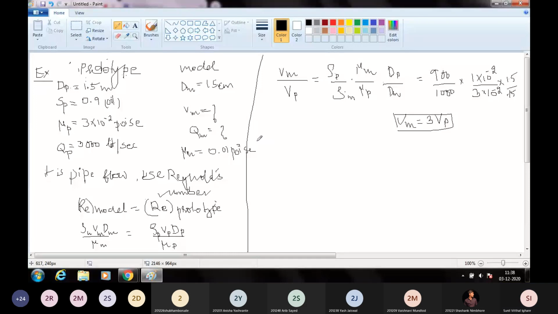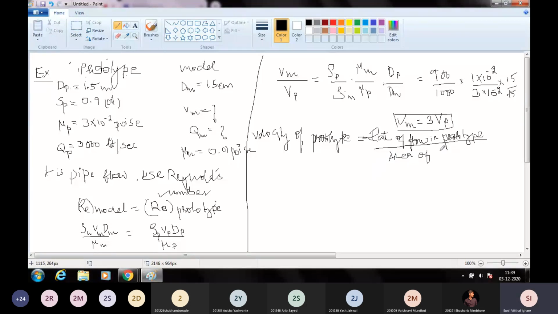So velocity of prototype is equal to, we can also write velocity in terms of discharge, that is the rate of flow in prototype divided by area of prototype, that is equal to QP divided by AP.